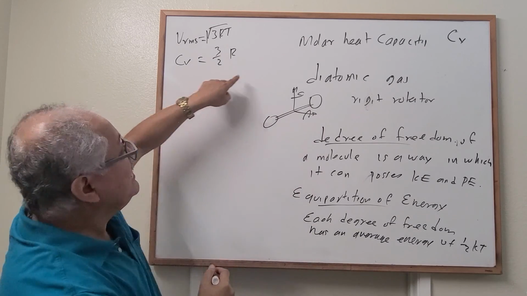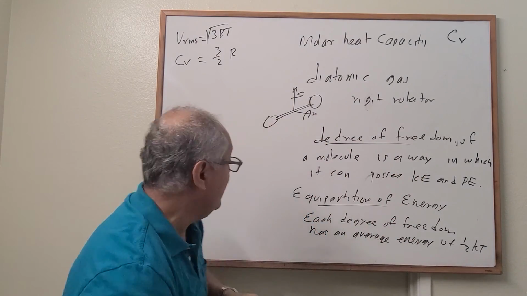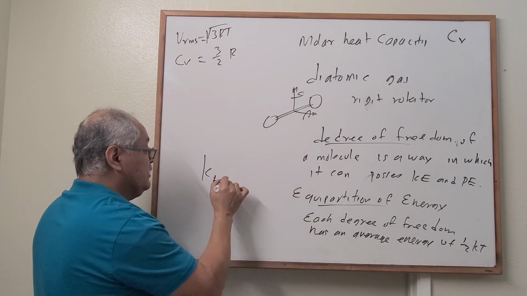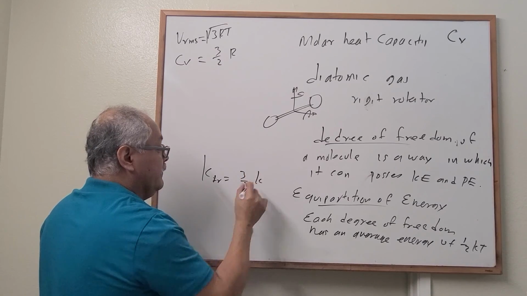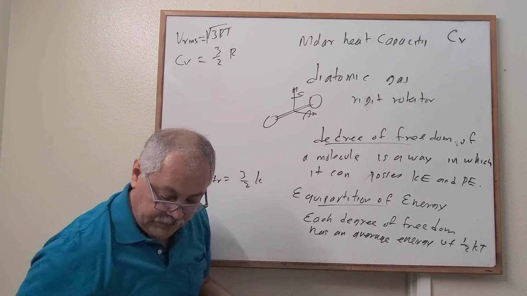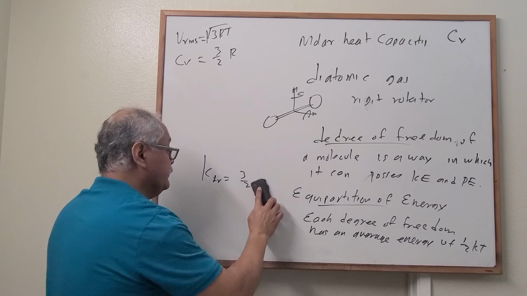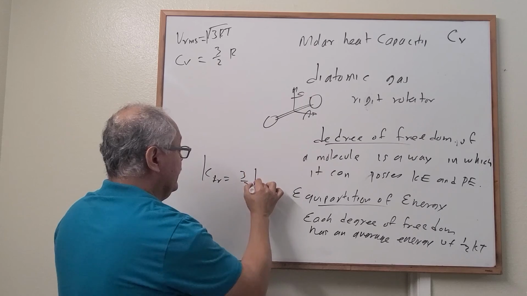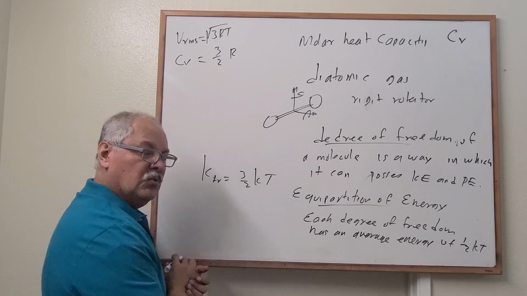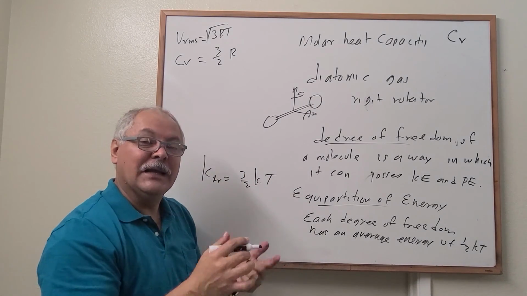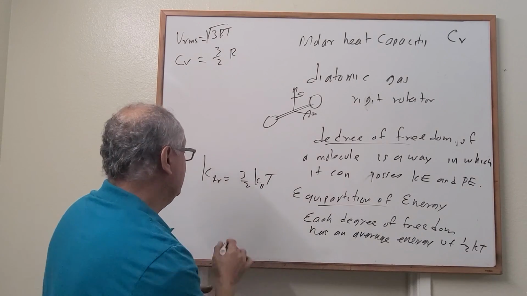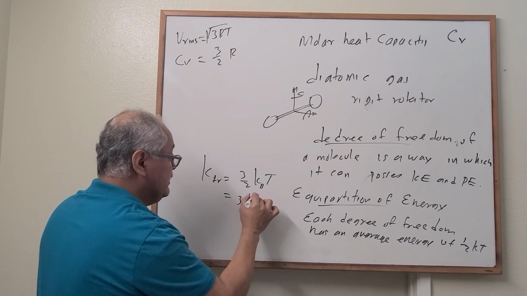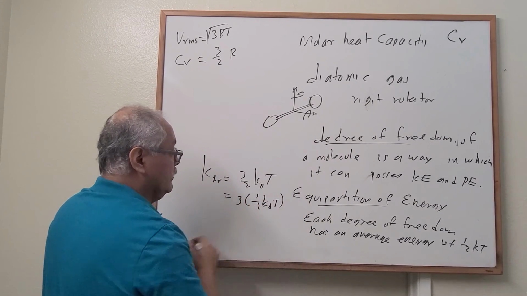Remember, when we're dealing with a monatomic gas, we found that there is only translational energy, which equals 3/2 kT. So this equals 3 times 1/2 kT.